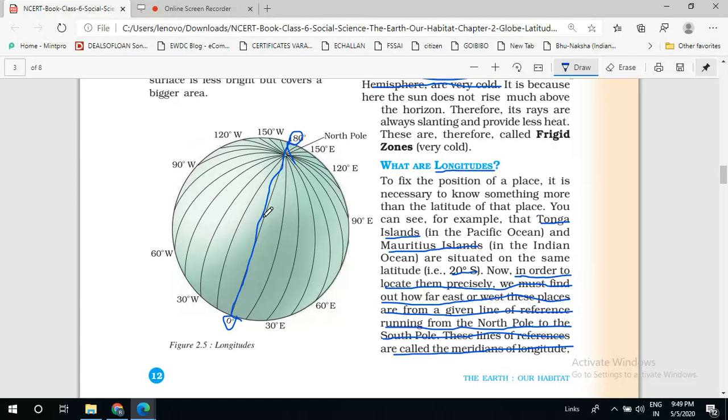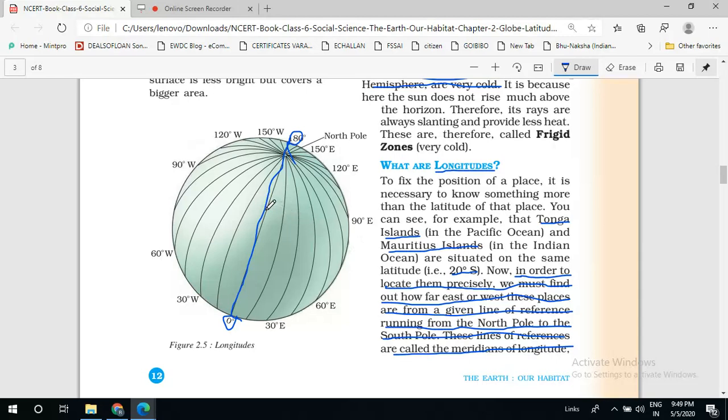Now, what is done there from this 0 degree longitude? In this direction, which is lying in this direction, west. West is this side and this side is east. So what is done?